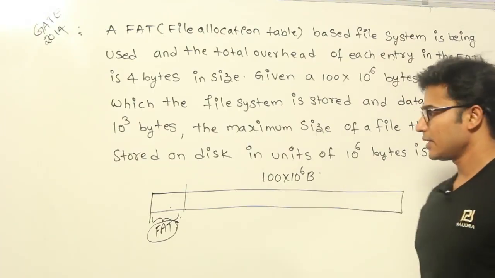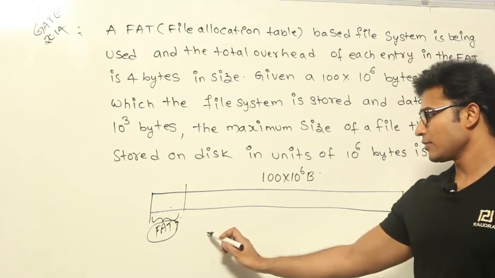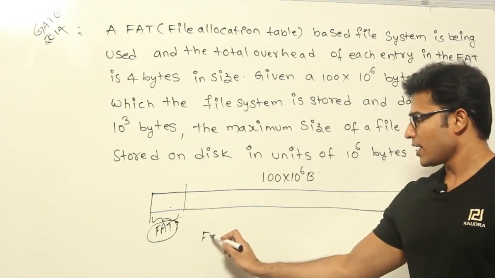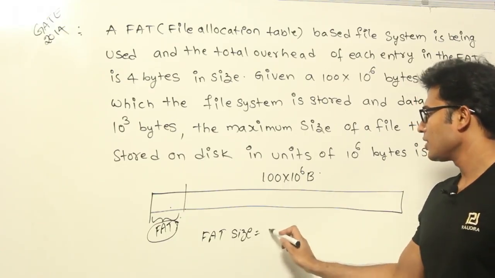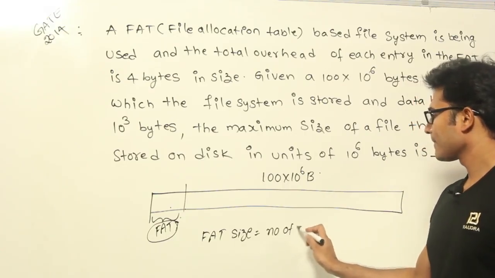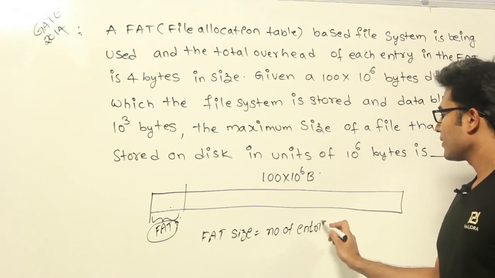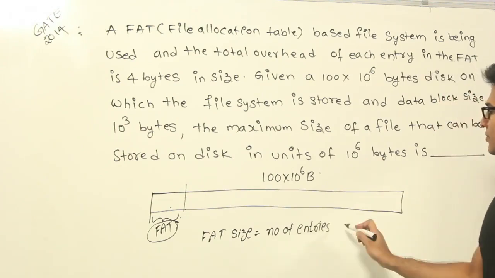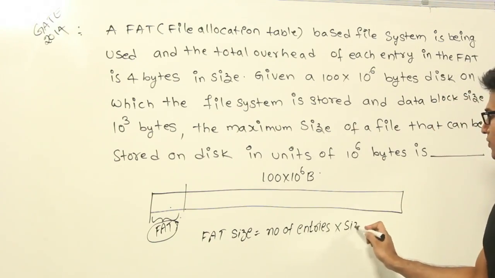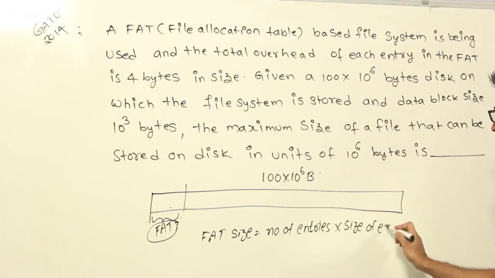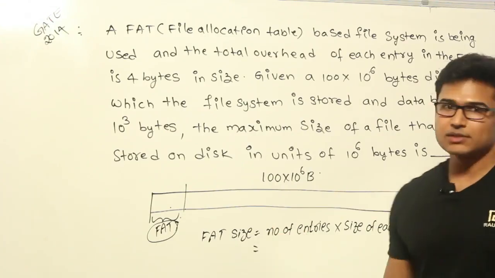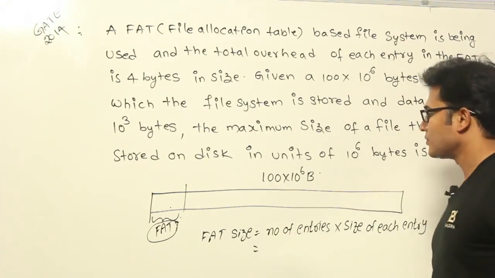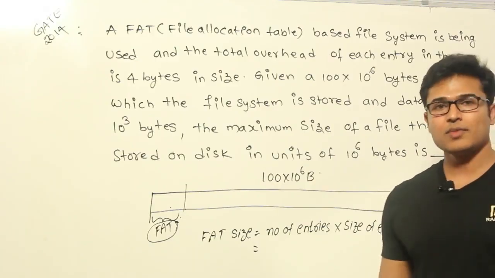Now how much space will be taken by the FAT? That depends on the FAT size. File allocation table size is equal to the number of entries in this table into the size of each entry, right? Now we have to find out the number of entries in this FAT. In order to find that, you have to find out how many blocks will be present.